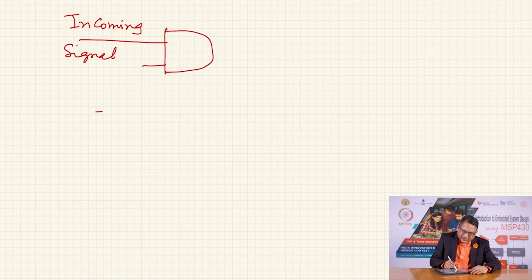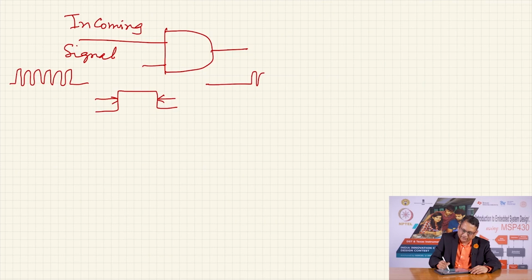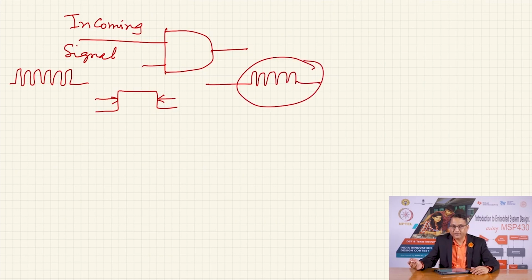Imagine the second signal is a 1 second pulse. Now, because this is an AND gate, it is going to allow incoming signals to pass here, which could be high frequency like this, and therefore you are going to get nothing and then high frequency for 1 second and so on. So, if this signal you feed to a counter, the counter at the end of one period is going to give you the frequency.